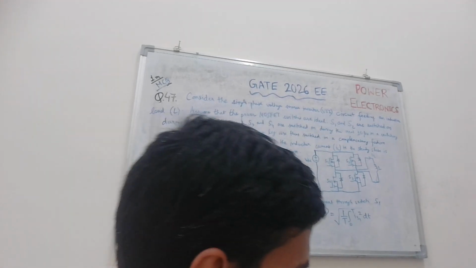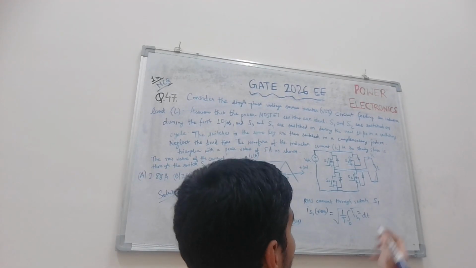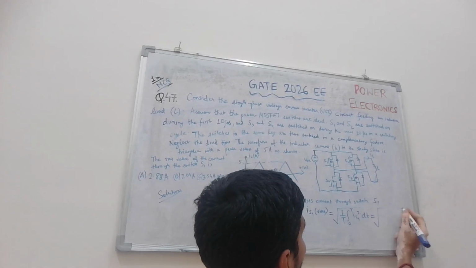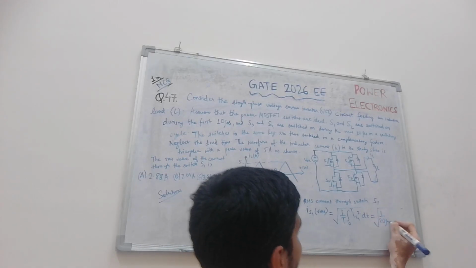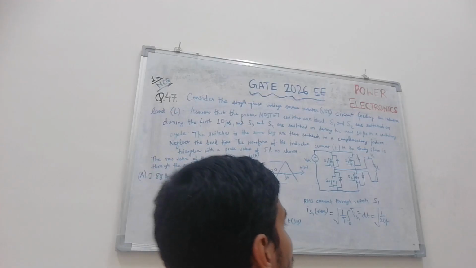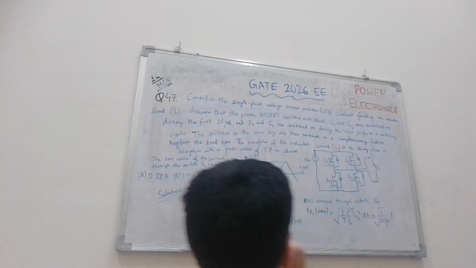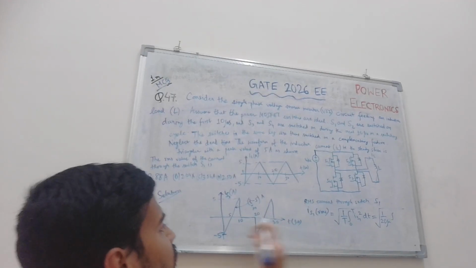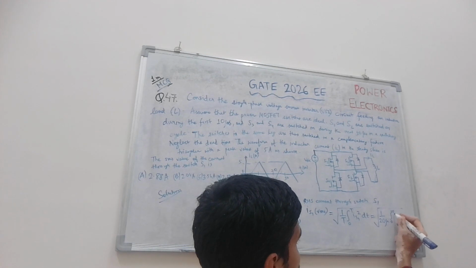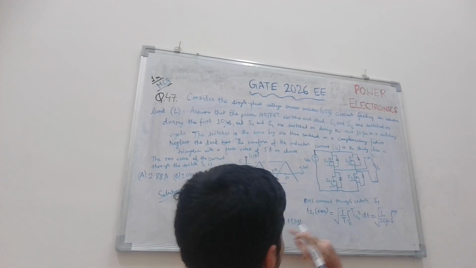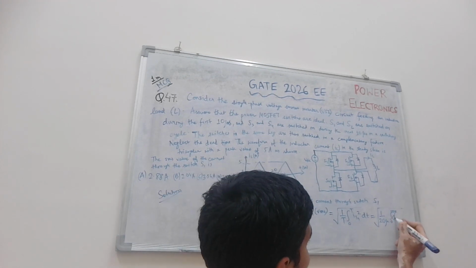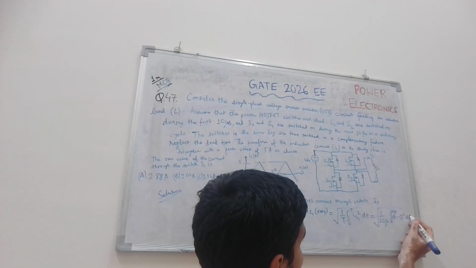So this is the basic definition. We will put values in this. The cycle is 20 microseconds, so T equal to 20 microseconds. For the next 10 to 20 it is 0. So we will integrate from 0 to 10, and IS1 will be t minus 5, IS1 square dt.